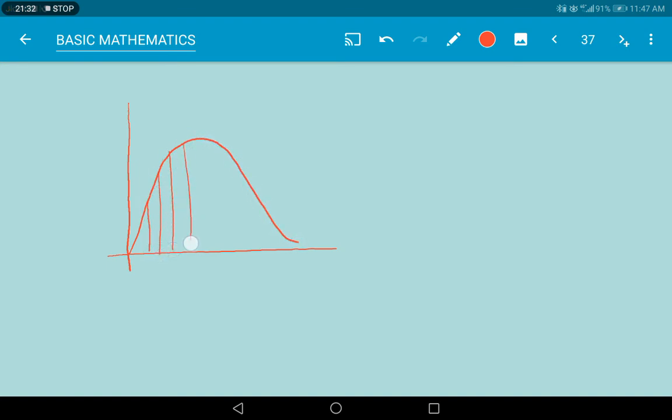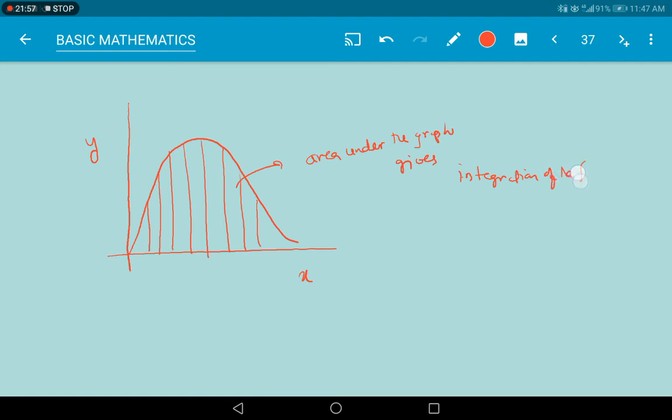So by splitting this into n equal parts, it is x, it is y. The area under the graph gives the integration of the function.